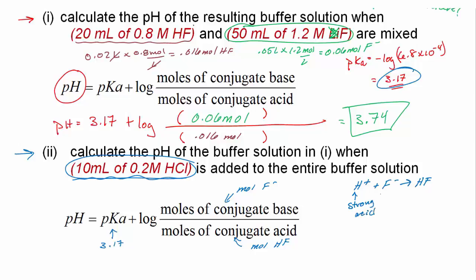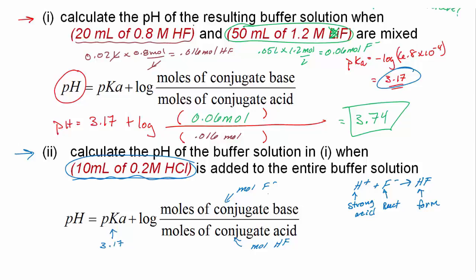So what does a buffer do? A buffer actually converts a strong acid to a weak acid. So the pH is still going to get a little acidic, but not near as acidic as it would have by adding a strong acid and nothing reacted with it. So when we add a strong acid, the conjugate base is going to react, right? And it's going to form HF. So our moles of F minus have to go down.